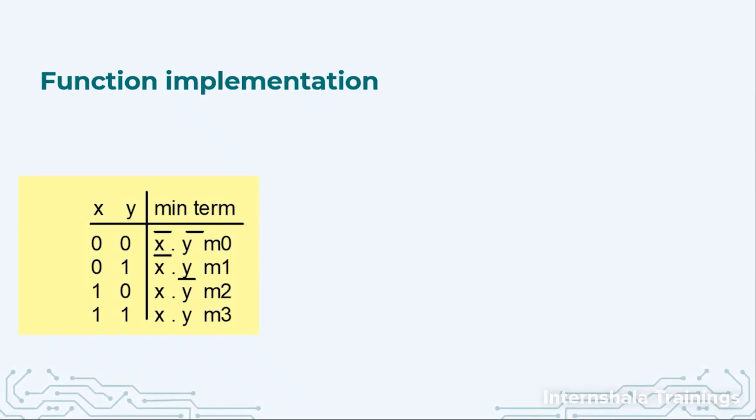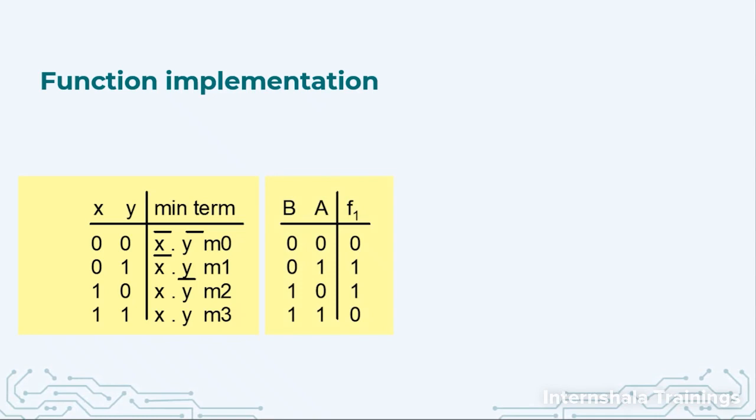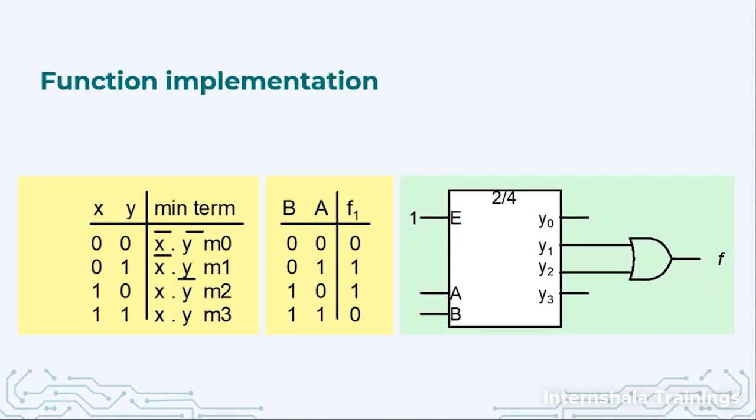We are saying if I have inputs x and y, I am generating these 4 minterms m0 to m3. I am given a function of 2 variables and the values are 0, 1, 1, 0. Now, we are going to take a 2 to 4 decoder and look at the truth table.